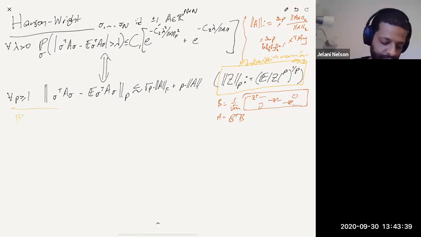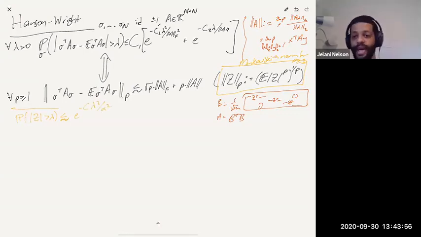Let's say that the probability that z is greater than lambda is at most, where this less-than means up to a constant factor, e to the minus some constant lambda squared over alpha squared. Let's say that someone told you that. I claim that implies a bound on the p norms.